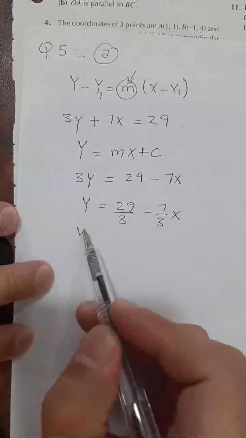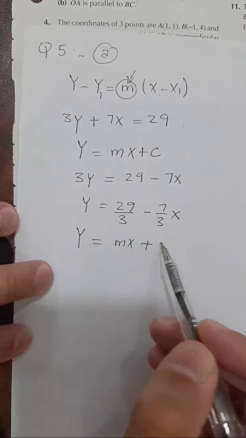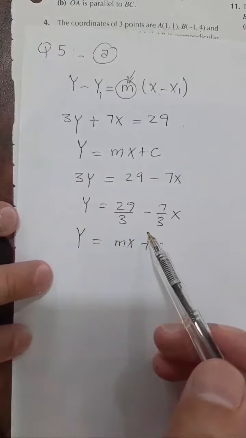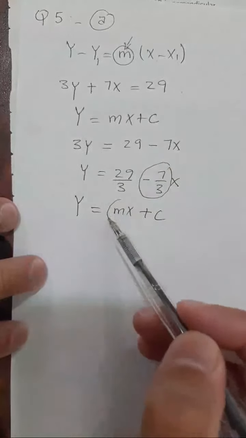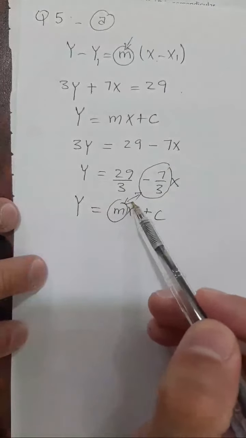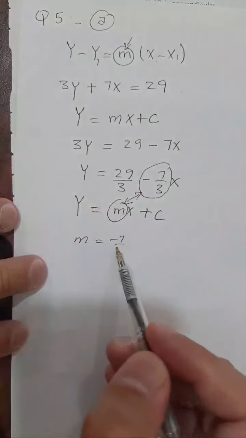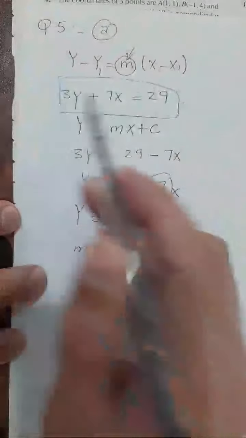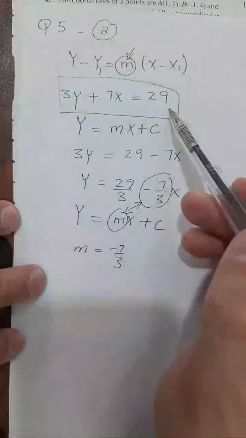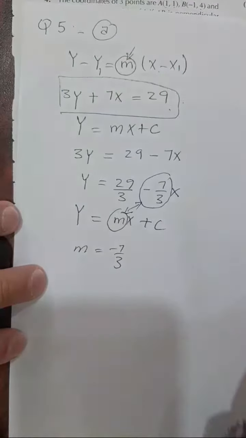Now you can compare it with this equation, y is equal to mx plus c, where the value with x represents m. So this m is the slope of the given line, this one, and this line is parallel to the required line whose equation is to be obtained.